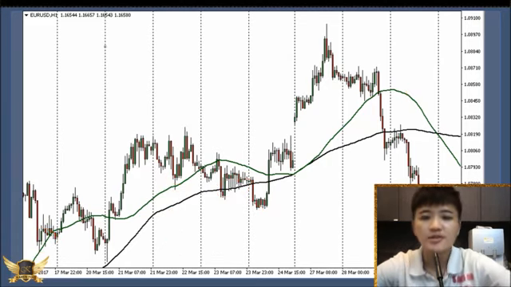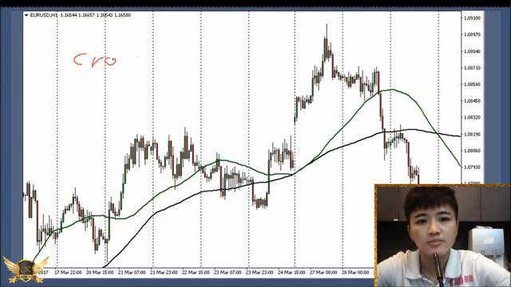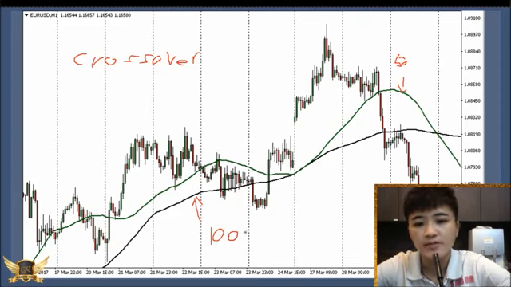Another thing that I need you to learn real quick is this thing called crossover. This is the moving average that has a smaller number, the 50 SMA, whereas this one here is a larger number, the 100 SMA. So what do I mean by crossover?